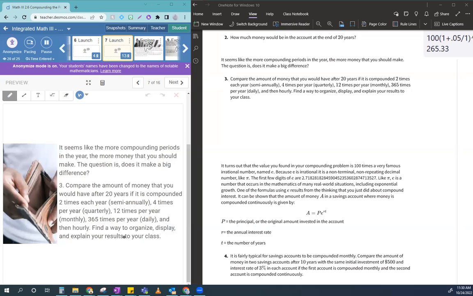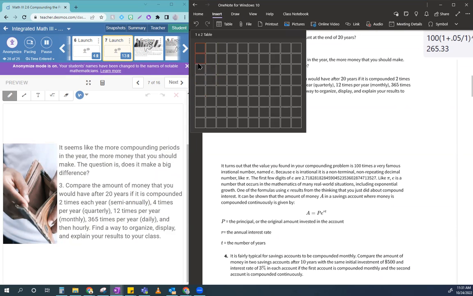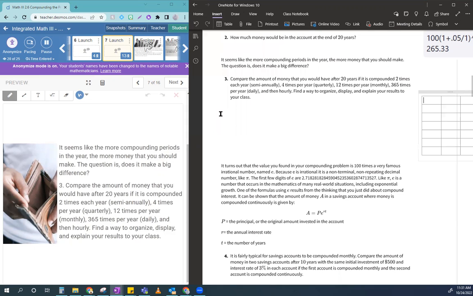Okay, so for me, my favorite way to organize things is in a table. So I'm going to do that. They said yearly, semi-yearly, quarterly, monthly, daily, and then hourly. So here's my little table.